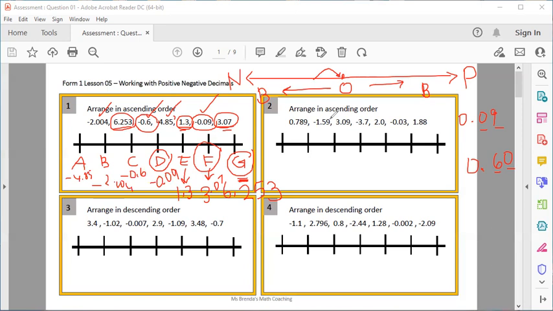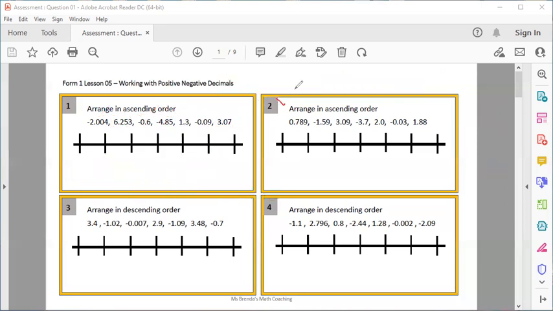That was an example. Now, you got to try number 2. Again, I'll put in alphabets because I would like to see your answers. A, B, C, D, E, F, and G. Over here, number 2. Tell me first, what number goes into G?